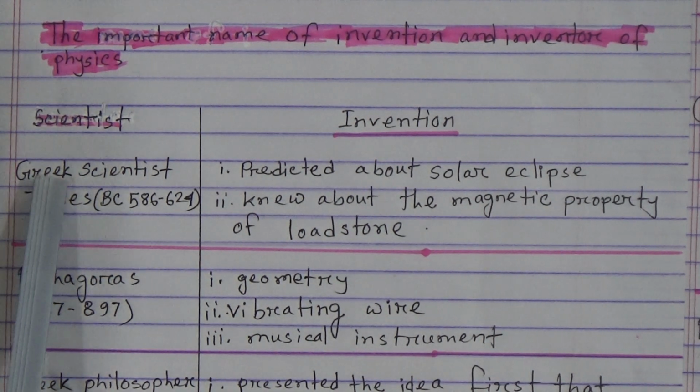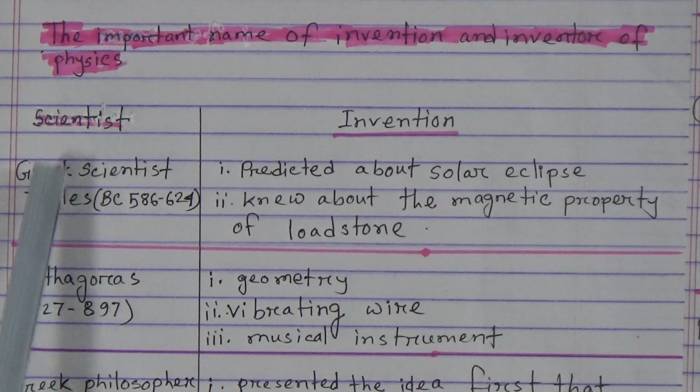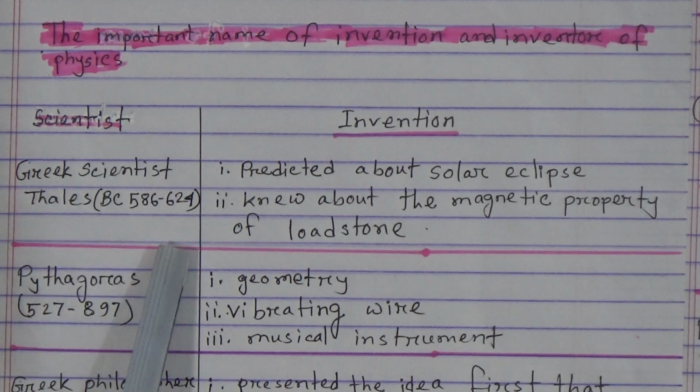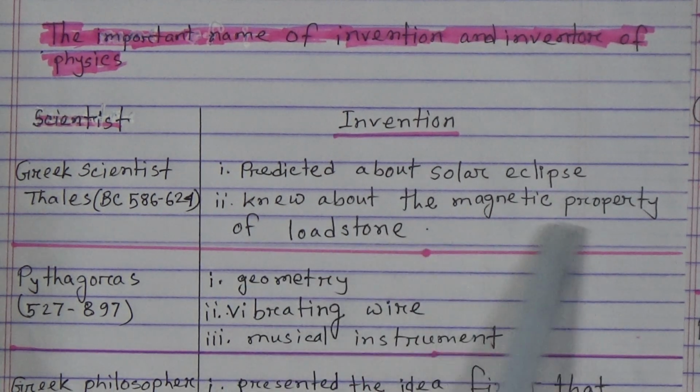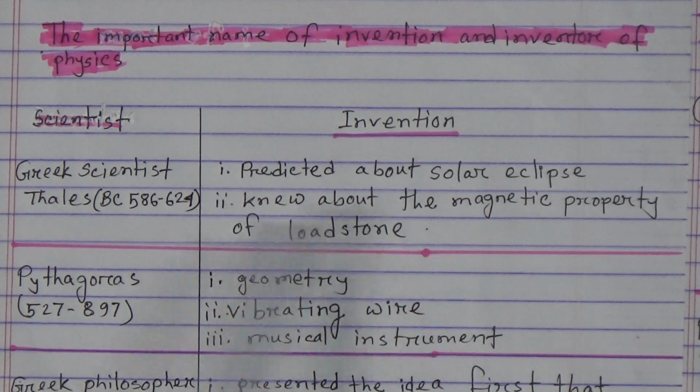Okay. Now the scientists. At first, the Greek scientist Thales predicted a solar eclipse, and he knew about the magnetic property of lodestone. Now come to Pythagoras.